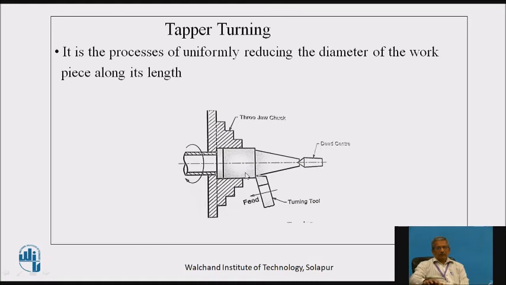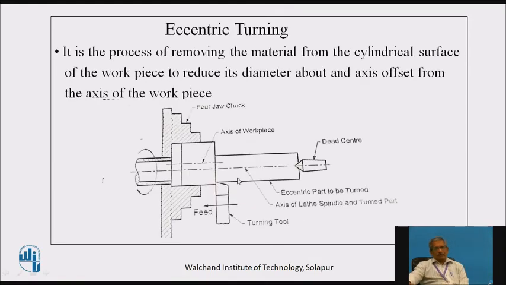Okay. Now regarding eccentric turning, if you observe, here is the axis of this priorly turned part. So this is the priorly turned part of the shaft, for which the axis is like here.